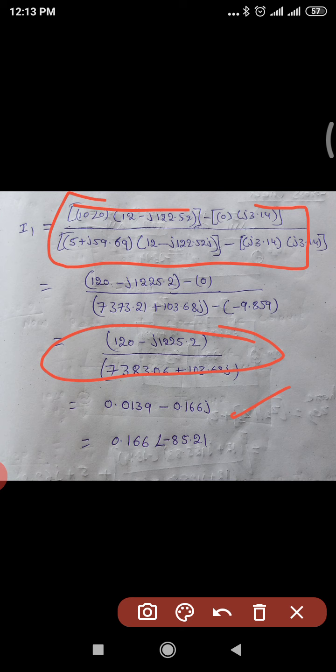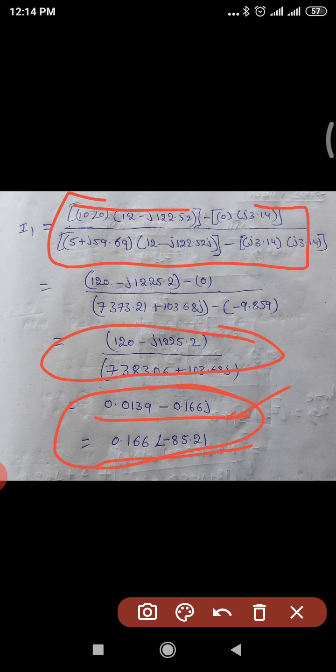This is the rectangular form. Now we have to convert this rectangular form into the polar form. The polar form is 0.166 at an angle of -85.21 degrees. This is the polar form and this is the rectangular form. Both of these are considered answers.